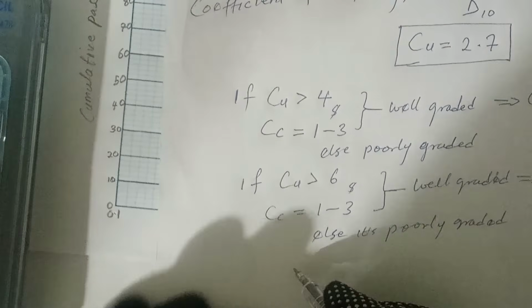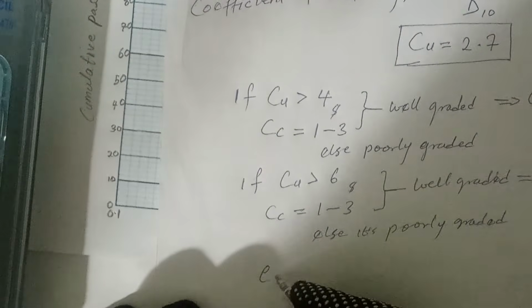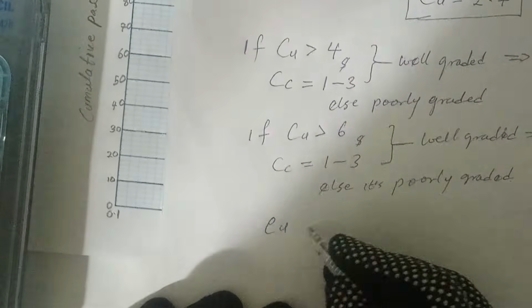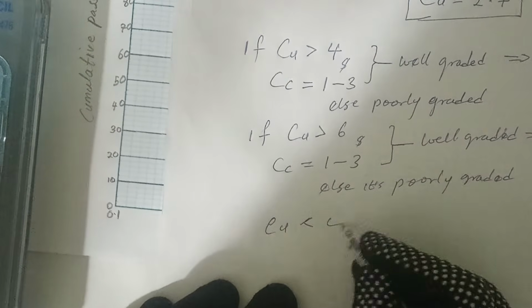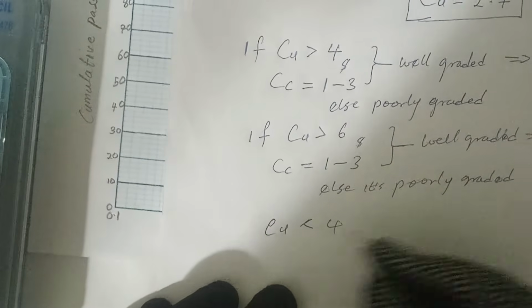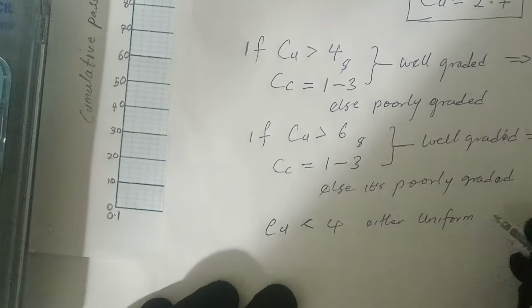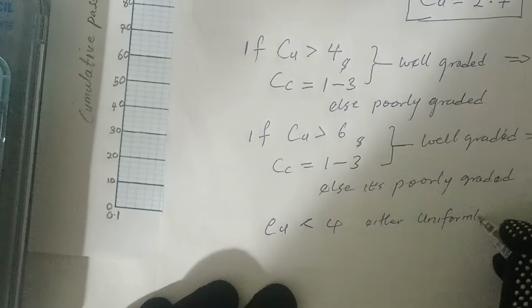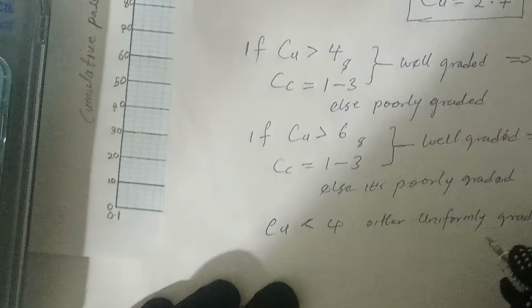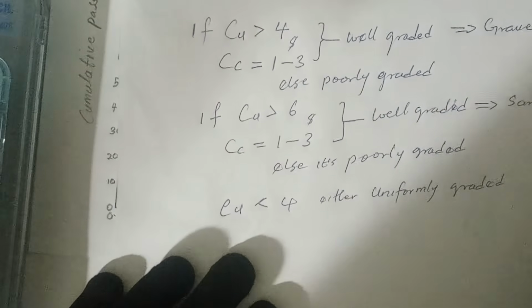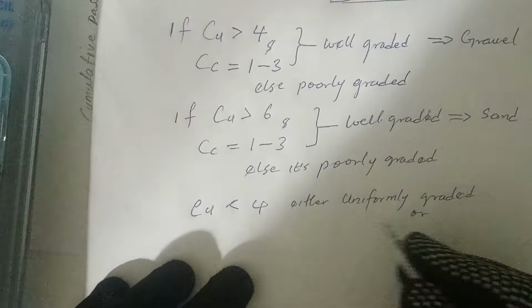If you are asked to classify this, when you have the value for CU less than 4, it is either uniformly graded or gap graded.